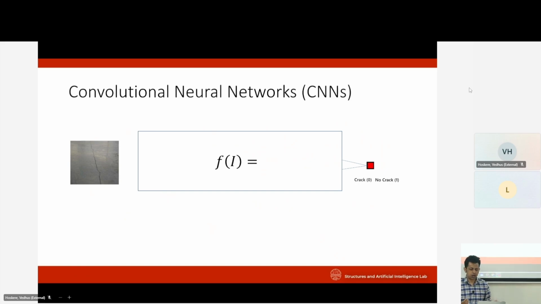So the question is, how do you find this function? The input space to the function is the image. The output space is an integer value. Traditionally, people had built several approaches where you can do a series of processing steps to then arrive at this answer.